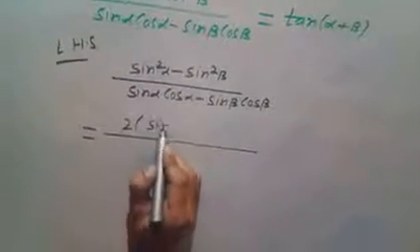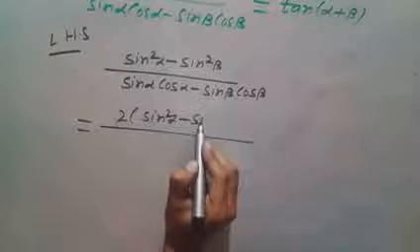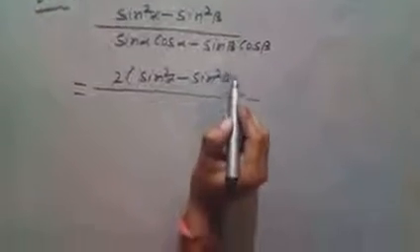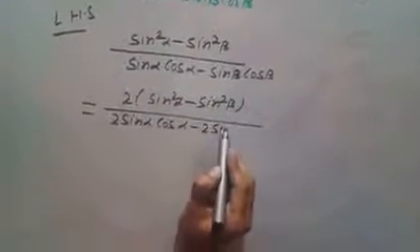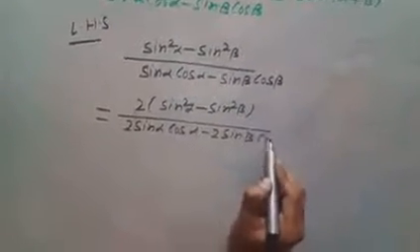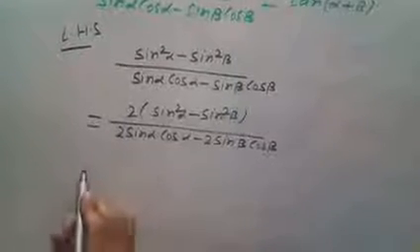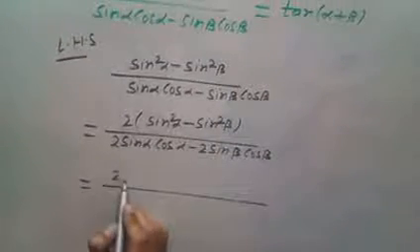Now in the very next step, we multiply it with 2 in the numerator as well as denominator. So 2 sin alpha cos alpha minus 2 sin beta cos beta. Now 2 is here.